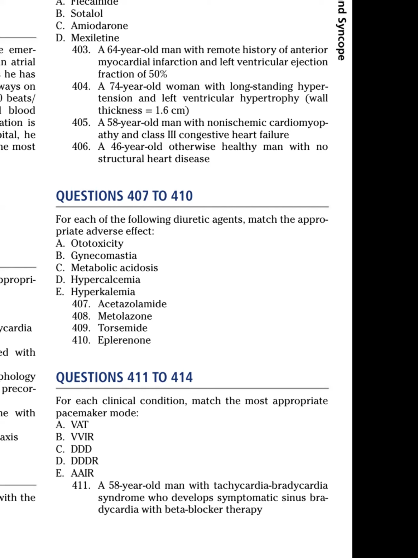For example, if we say VVI, what we mean is that the ventricle is being paced, the ventricle is being sensed, and the response to the sensing is an inhibition. So VVI means that the ventricular pacemaker output is inhibited if a ventricular event is sensed. That's the native event, or the cardiac event. If it is sensed, the pacemaker output will be inhibited.